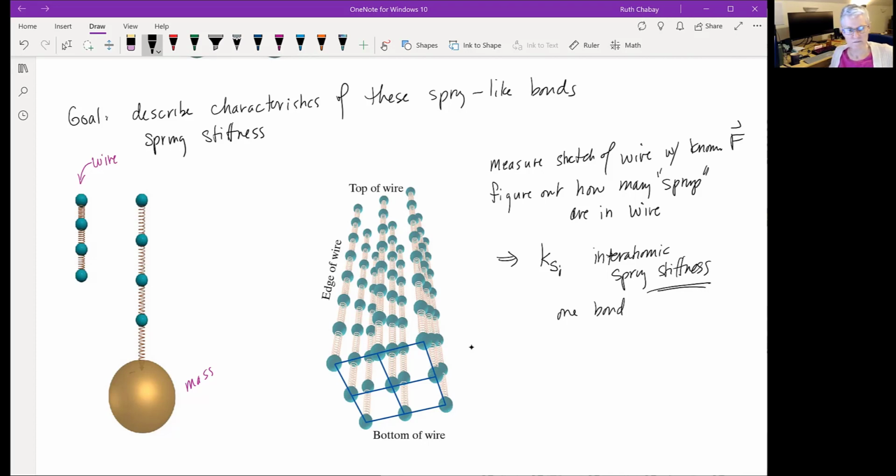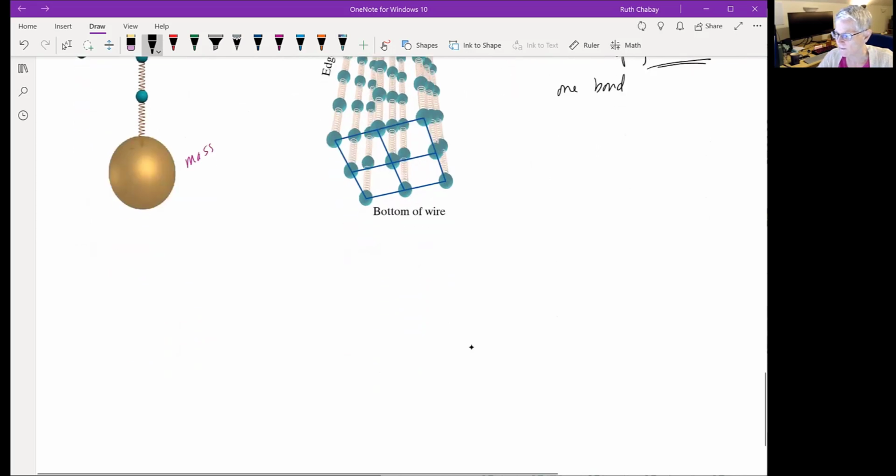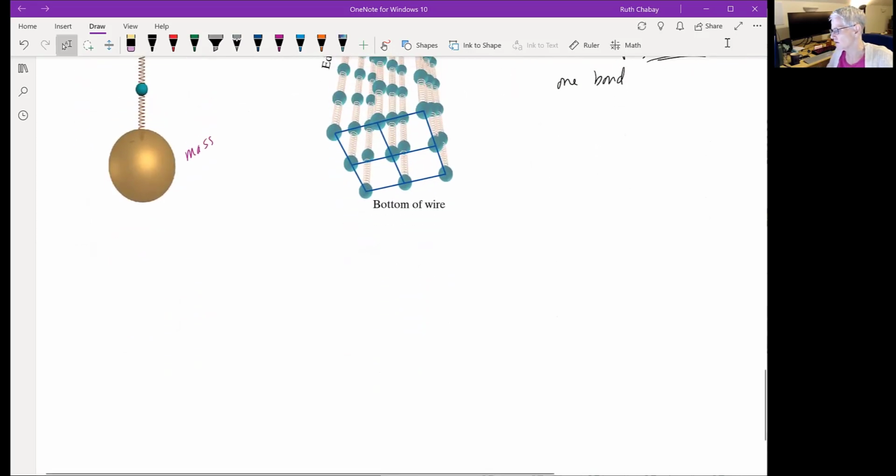And so we're actually going to do some counting. The first thing we need to figure out, in order to figure out how many bonds are in the wire, is how many atoms are in the wire, because there's going to be a bond between every two atoms, right?